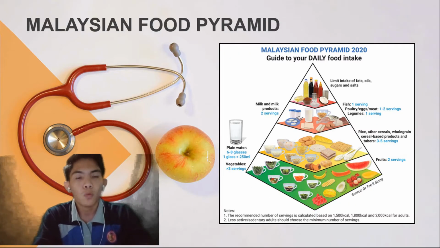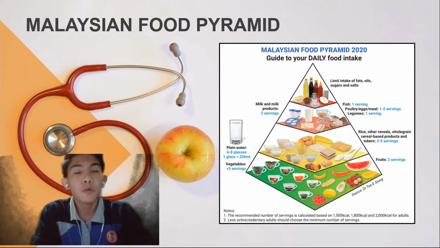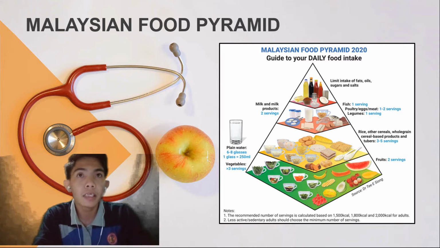Okay, we move to the next slide, which is Malaysian food pyramid. Malaysian food pyramid is a simple guide for individuals to vary their food intake according to the total daily food serving requirements.